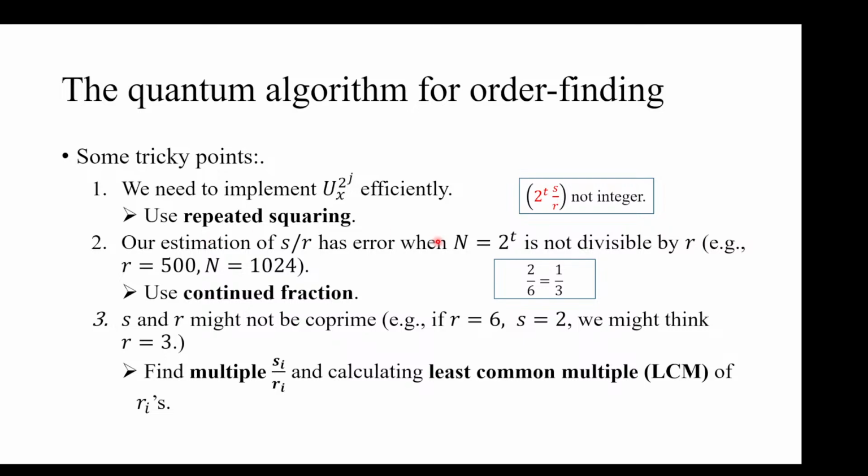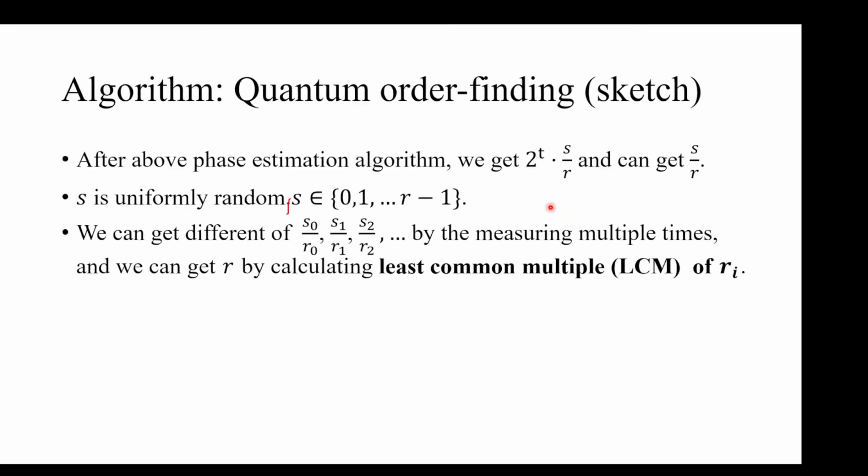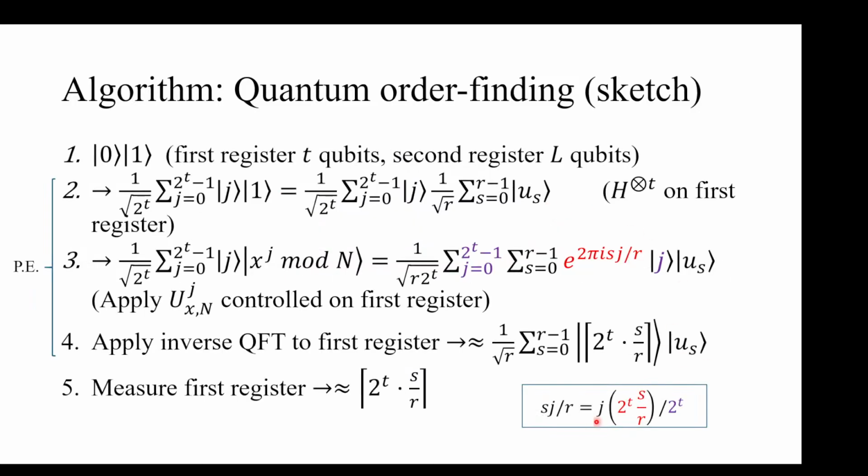And the next part is the error part we talked about, that's when 2 to the t S over R is not an integer. In other words, 2 to the t is not divisible by R. In that case, your phase estimation will not tell you an exact number.